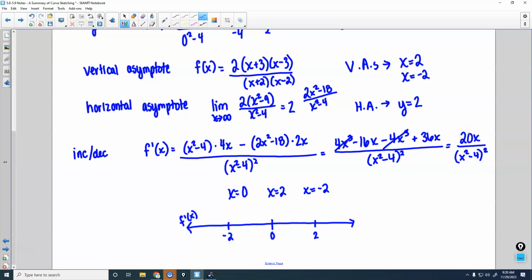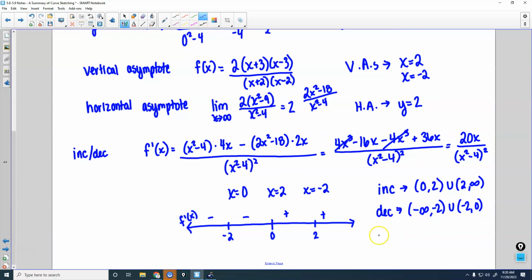The numerator is the only thing that affects your sign. So you're going to get negative, negative, positive, positive. So we can say that we would be increasing from 0 to 2 and 2 to infinity. We'll be decreasing from negative infinity to negative 2 and negative 2 to 0. We're also going to go ahead and add in that we'll have a minimum at x equals 0.